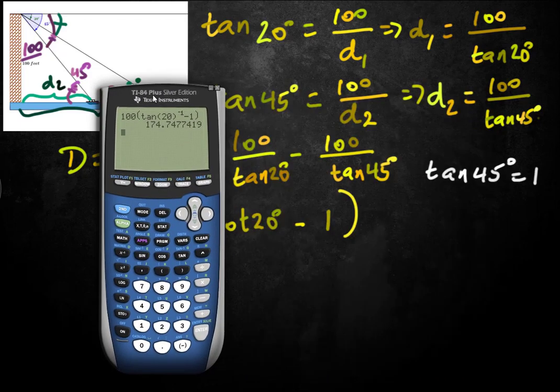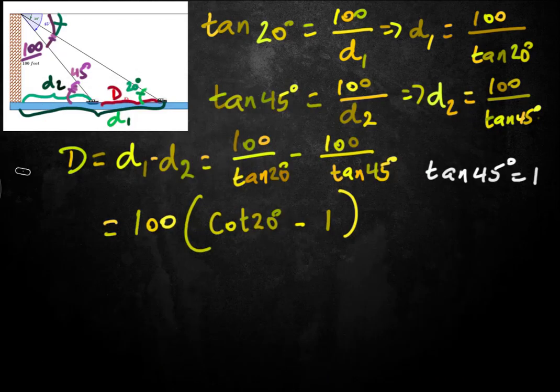So that is the result. We can safely say now that the distance D is roughly equal to 175 feet.